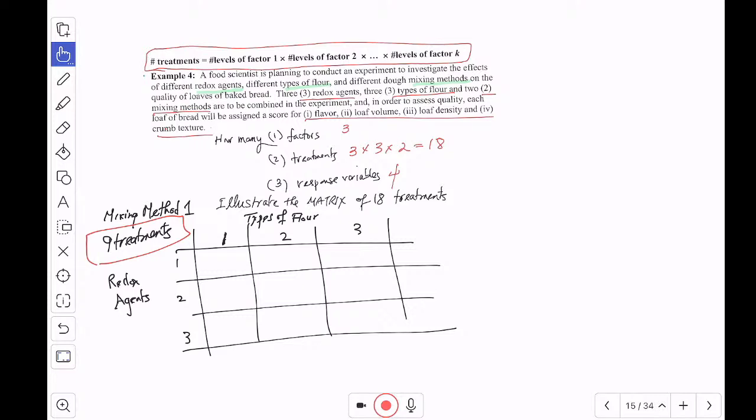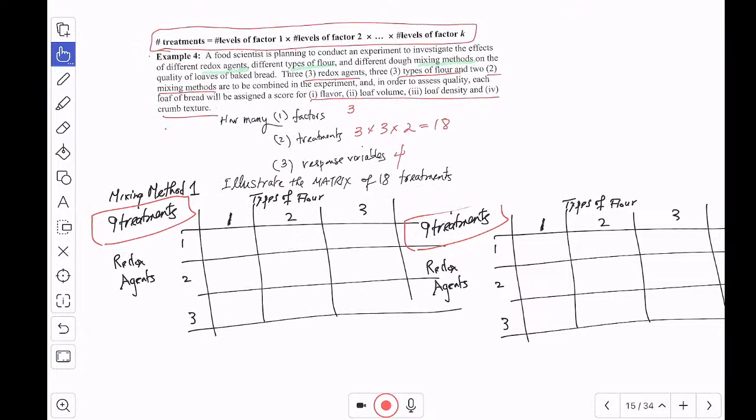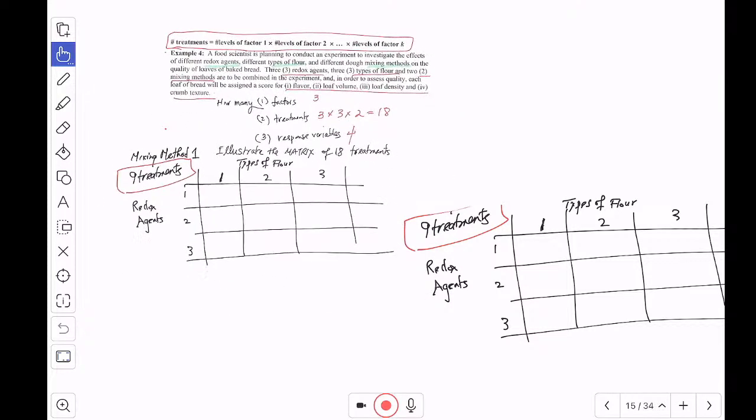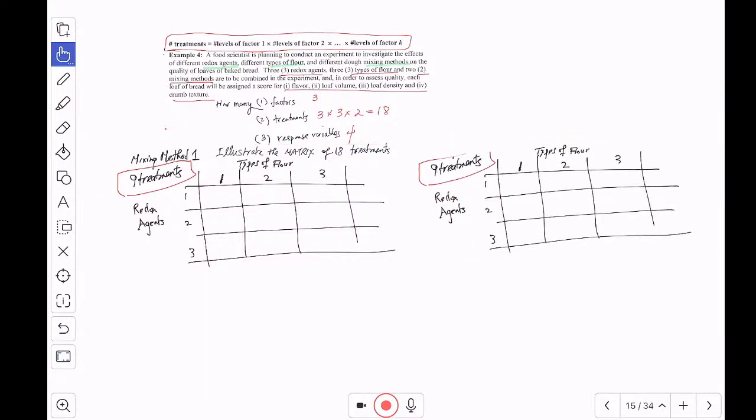I'm going to cheat, and do the same thing here as here, but I'm going to do it for mixing method 2.